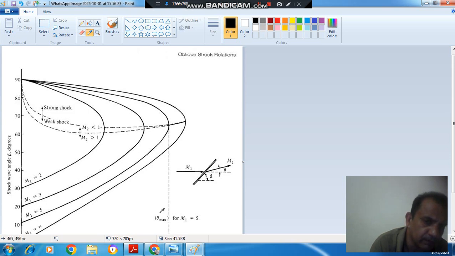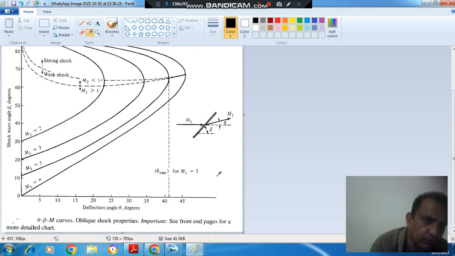First of all, if we see the curve for Mach number M1 equal to 2, there is a maximum value of theta for M1 equal to 2.